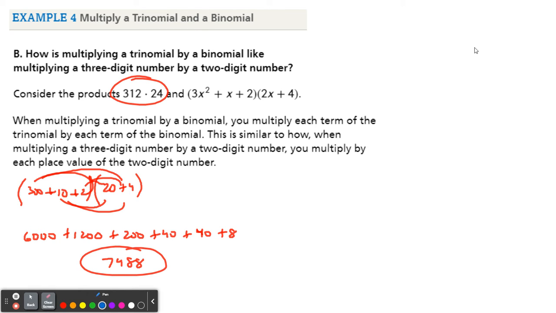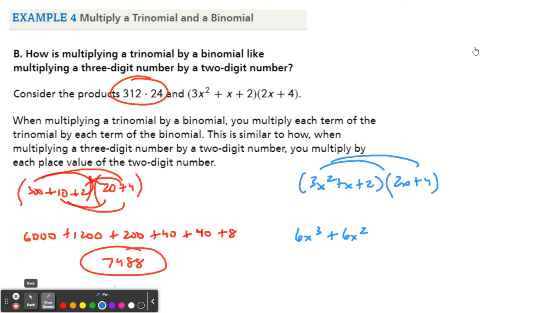And now we'll do the same thing with our polynomial here. So 3x squared plus x plus 2, times 2x plus 4. We will distribute the 3x squared to the 2x and the 4. That's 6x to the third plus 12x squared. Sorry, I got ahead of myself. 3 times 2 is 6, but 3 times 4 is 12.